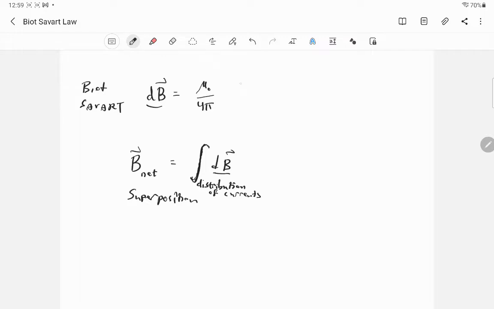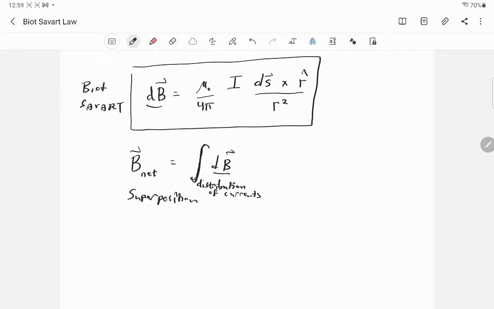Then it's got I, and then a really complicated thing. It looks complicated, you just have to figure out how to use it. There is a vector called ds, and its cross product with an r hat, and then divided by an r squared.